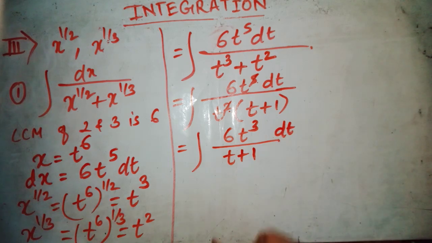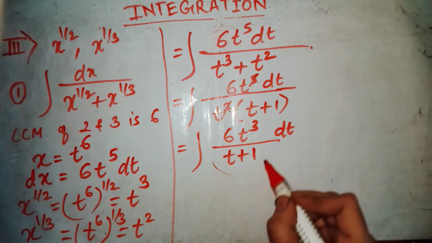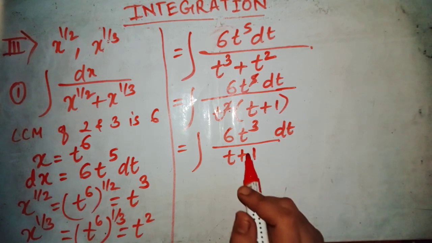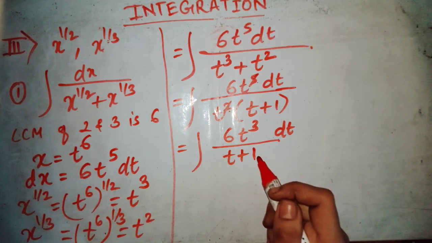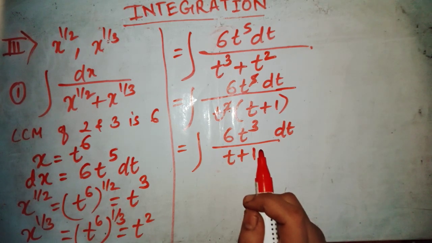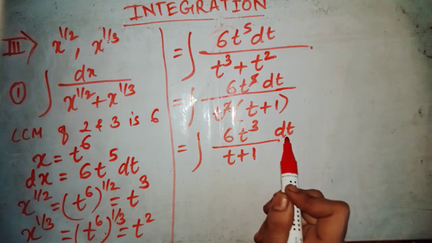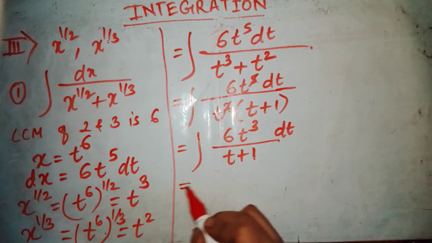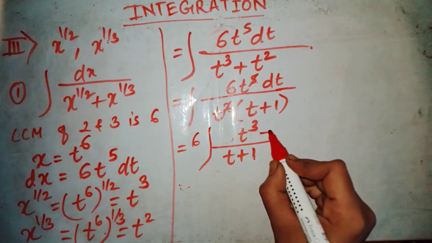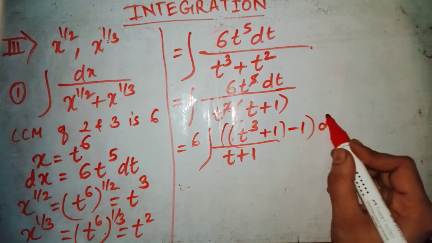Okay. Now this is your denominator, and we don't want a denominator like this, right? So we'll do one thing, that is we'll add and subtract 1 in the numerator. Okay, 6 I will take outside. So t cube plus 1 minus 1 dt.